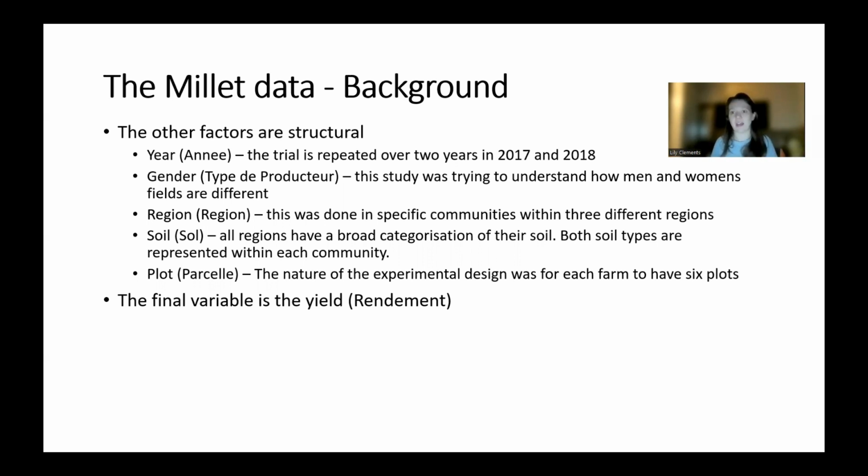So we have Enigrab, Elam, and Reagan. We have soil, so all regions have a kind of broad categorization of their soil, and within the communities, within our different regions, both soil types are used.